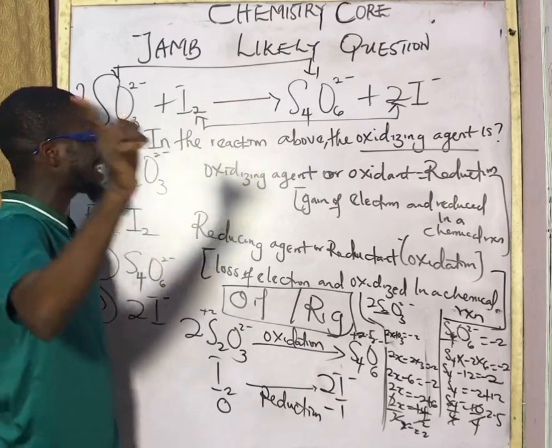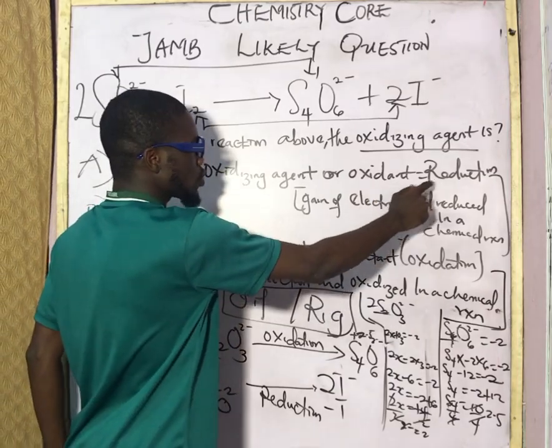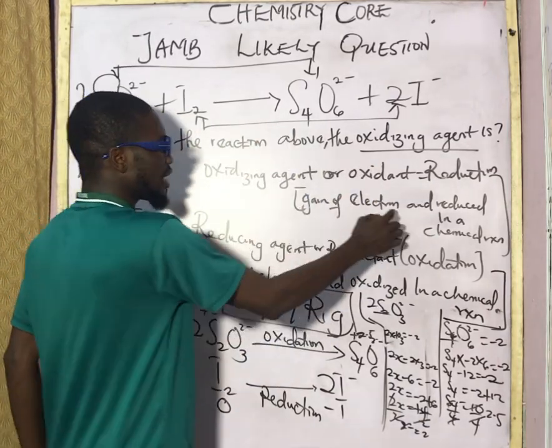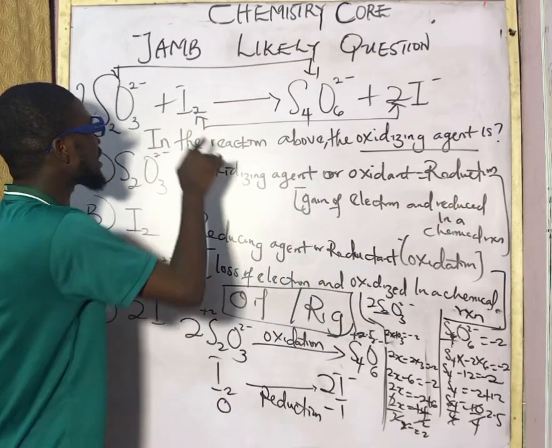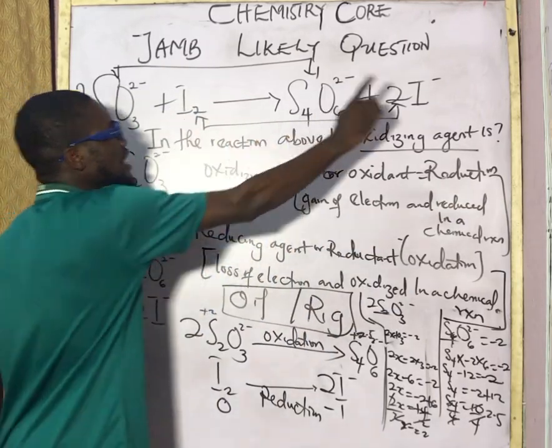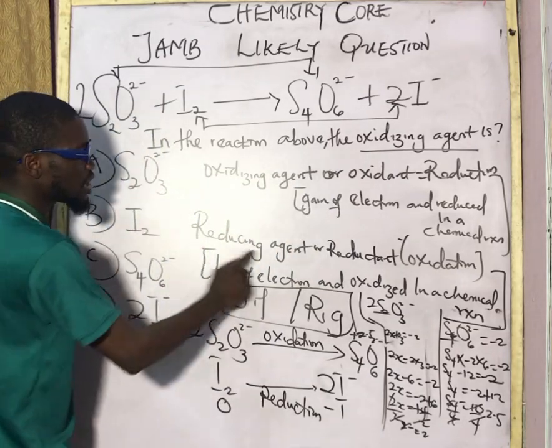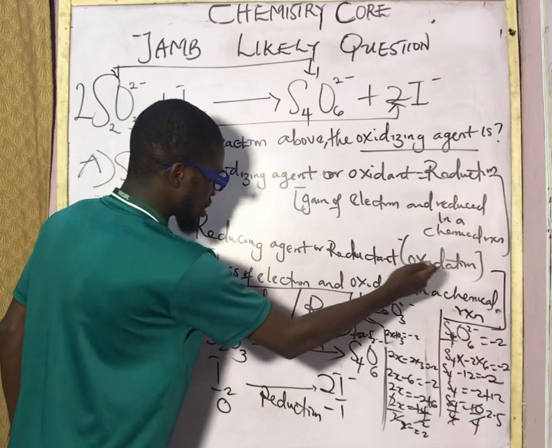I have stated earlier that oxidizing agents or oxidants are equal to reduction, because reduction is gain of electron and reduced in a chemical reaction. This iodine gas is being reduced to this. The next one, reducing agent or reductants, is equal to oxidation.